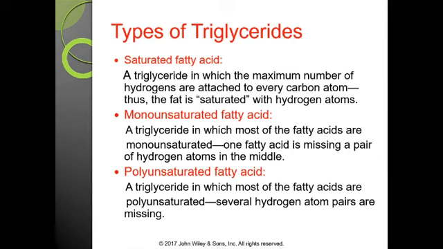A monounsaturated fatty acid is in a triglyceride in which most of the fatty acids are monounsaturated. That means one fatty acid is missing a pair of hydrogen atoms in the middle of the chain. And then, of course, we have our polyunsaturated fatty acids, and those are in a triglyceride where most of the fatty acids are polyunsaturated, and that means several hydrogen atom pairs are missing.